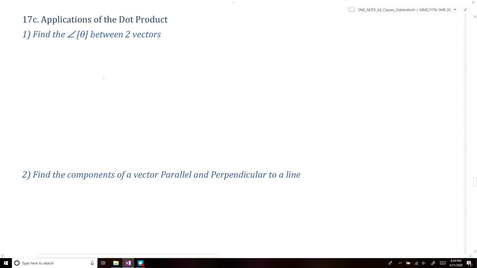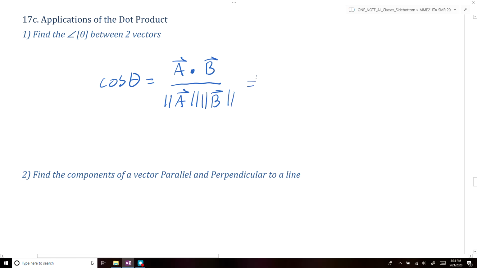We know that cosine of theta, from our dot product definition, is going to be equal to the dot product of vector A and vector B divided by the product of their magnitudes, the magnitude of vector A times the magnitude of vector B. We can rearrange that and solve directly for theta by taking the inverse cosine of that.